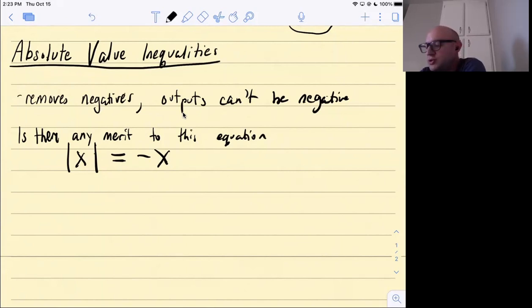That when you put an absolute value on an x, you put a minus sign in front of it? This is a really famous little trap. Because we're told that absolute value always takes away a minus sign. So how could it be that in this case, absolute value adds a minus sign?